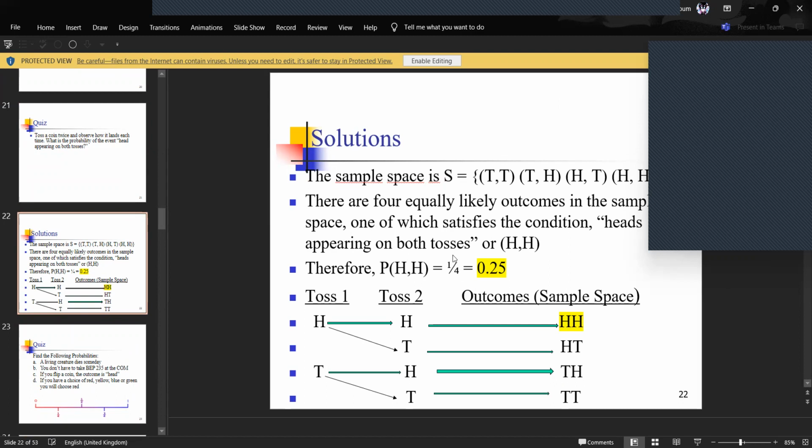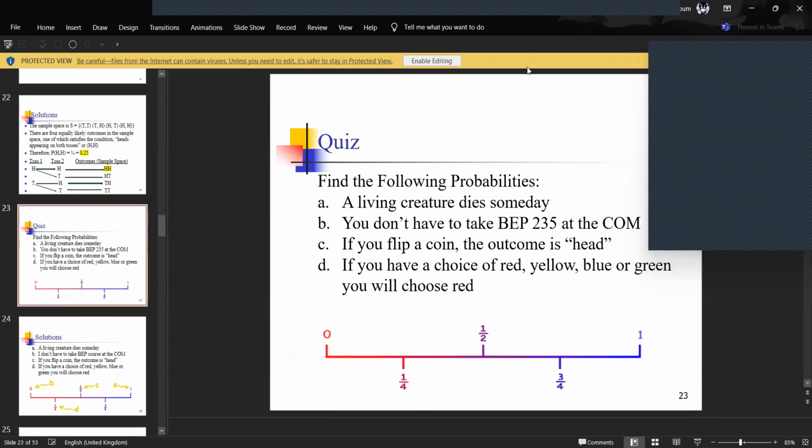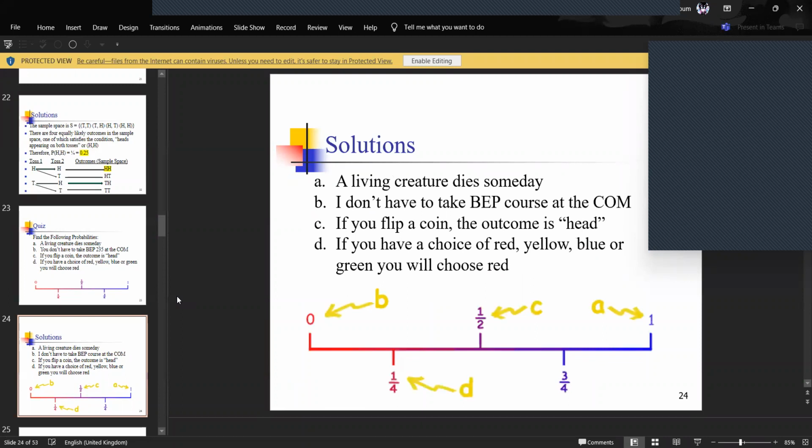And so what's the chance that you get 2 heads? Well, there are 4 possible outcomes, and 2 heads happens in one of the outcomes. So it's 1 out of 4. So here's another example. I'm just going to skip through it because the answer is here.